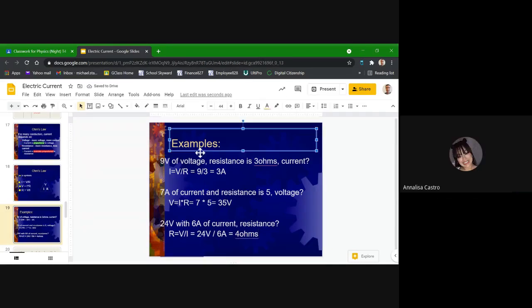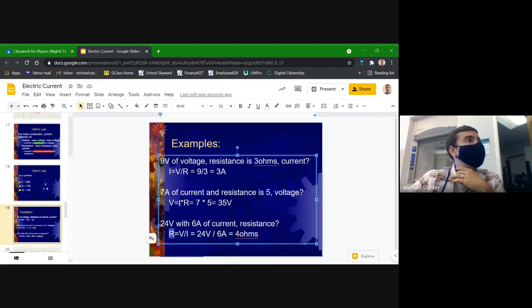Exactly. So when we write out the equation for the resistance, do we always put ohms at the end of it? Yeah, resistance is measured in ohms.